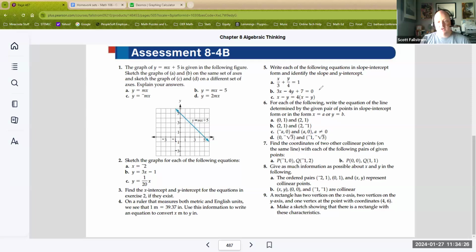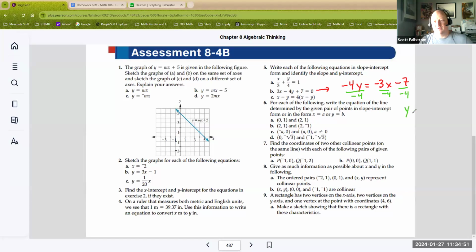That's up to you. Okay, so if I do this middle one right here, then I could bring the 3x to the other side, and I could bring the 7 to the other side by subtracting. And so I end up with this by just bringing the 3x to the other side. Now I can divide everything by -4, and I have to do it for every term.